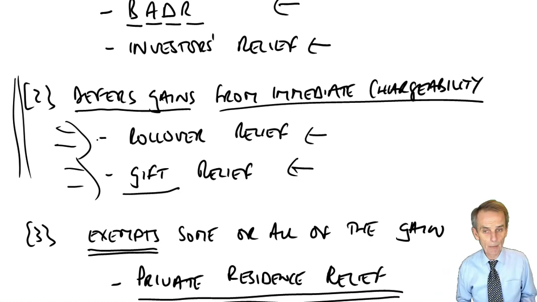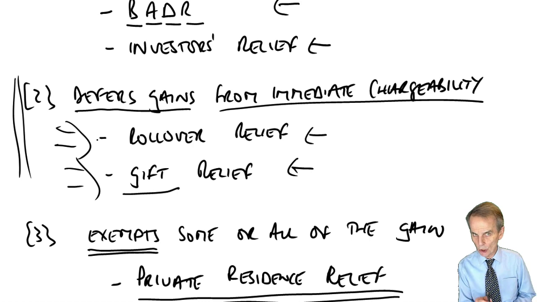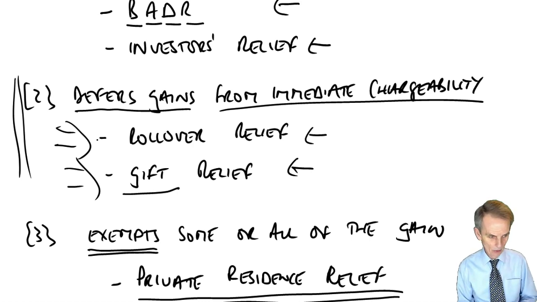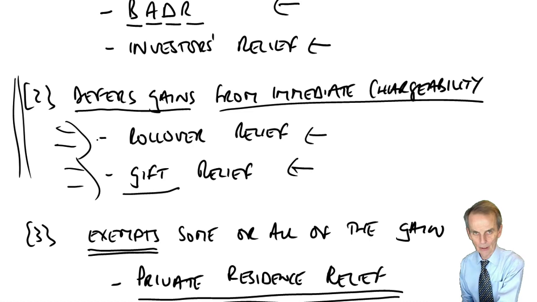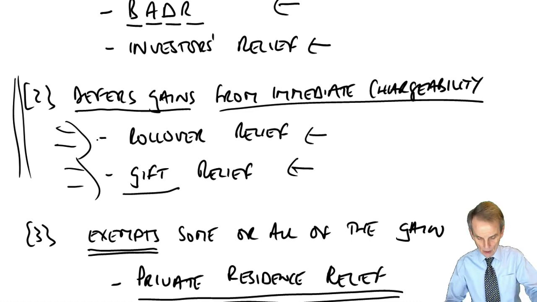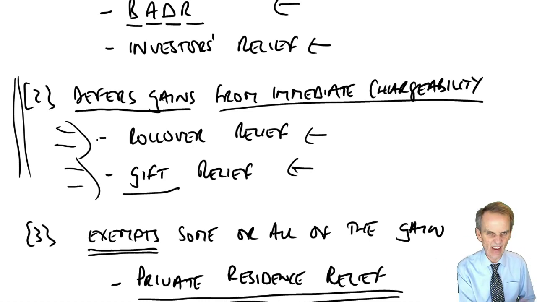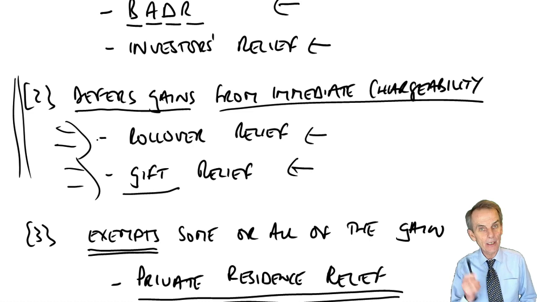But if all you do is keep on reinvesting all the proceeds, then you can keep on deferring. But if at some point in time, and that point in time is likely to come in an exam question, you fail to reinvest all of those proceeds, then that one taxpayer who owned the first business asset, the second, the third, and however many other business assets in use in their trade, if they take out cash on the deal, they fail to reinvest all the proceeds, then it is they, but in the future, that get charged in relation to an amount of that gain.